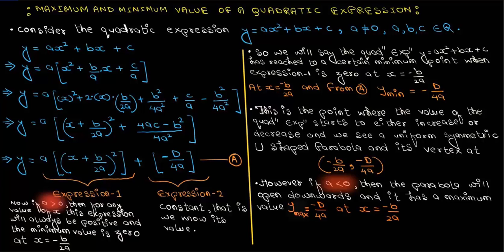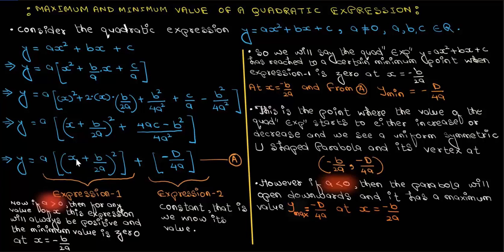However, if a is smaller than 0, in expression A, the term in the big bracket is always positive, so expression 1 will always be negative, so much so that it can reach values down to negative infinity.